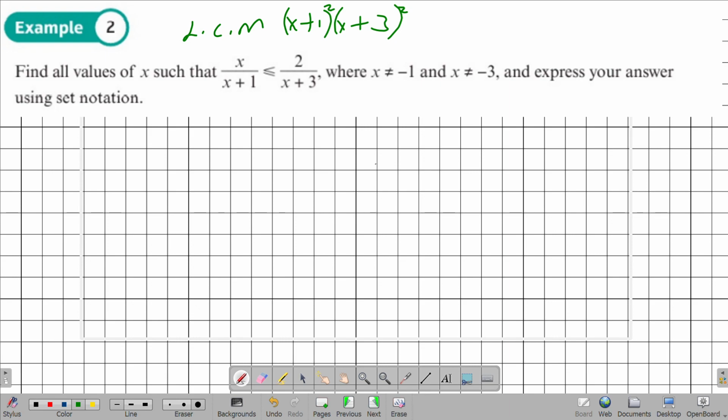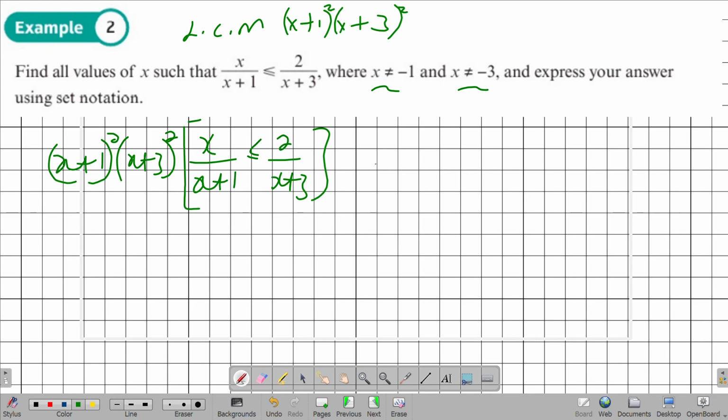So to remove this, we are going to multiply by x plus 1 squared, x plus 3 squared in brackets: x over x plus 1 is less than or equal to 2 over x plus 1. Again, this is very important because you can see x cannot be minus 1 because this becomes 0, and x cannot be minus 3 because this also becomes 0, then it's undefined.